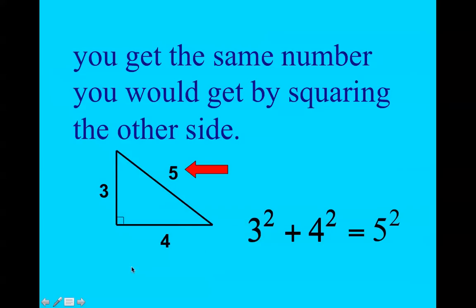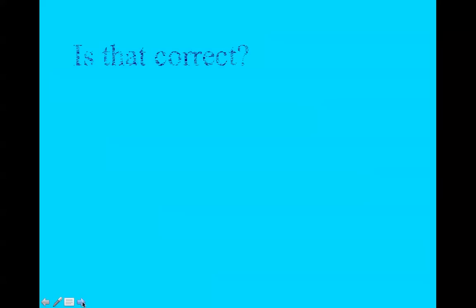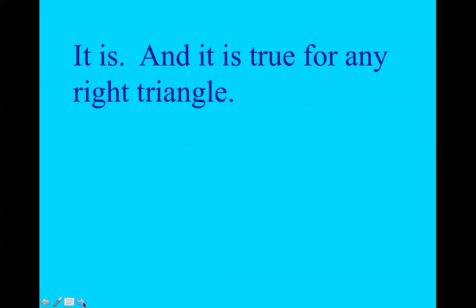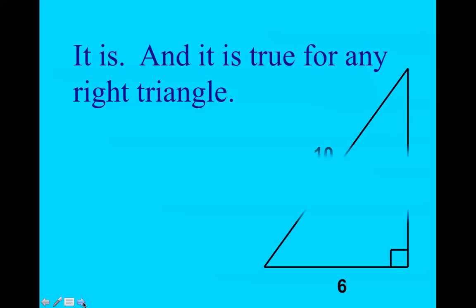So 3 squared plus 4 squared is going to equal 5 squared. Is that correct? Well, yeah, if I square 3, I get 9. If I square 4, I get 16, and that equals 25, which is 5 squared. Kind of cool.